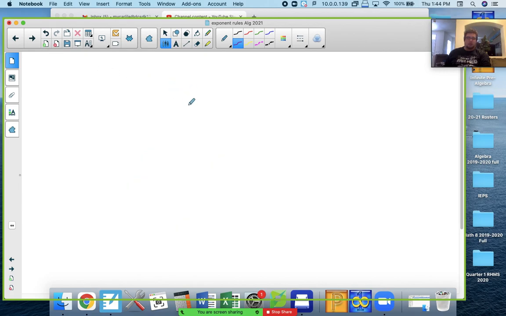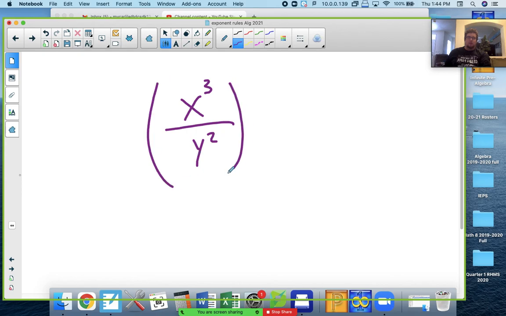It's equally as true if our variables are written as a fraction. The 2 goes to every single little power, because we're basically taking this parentheses and repeating it twice. So we get x to the sixth, y to the fourth.